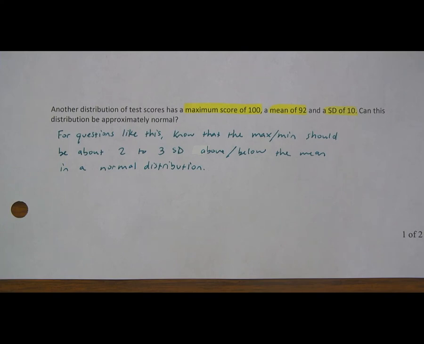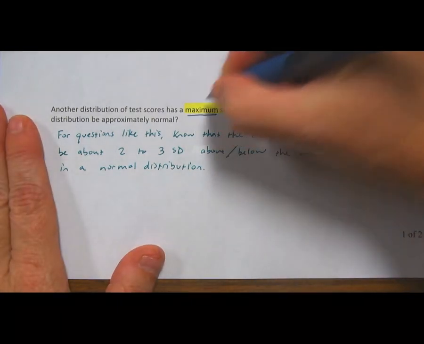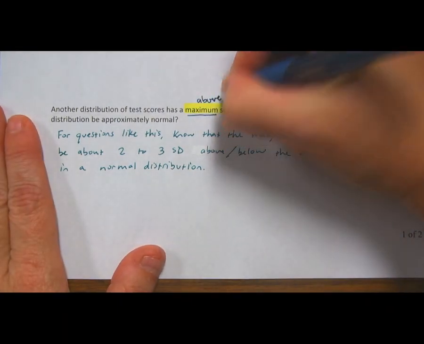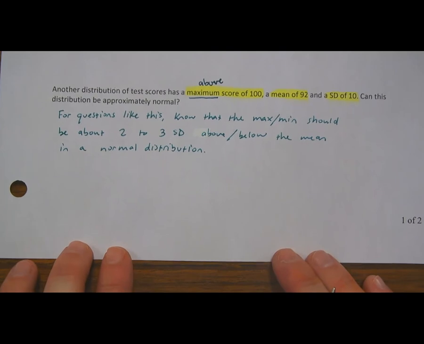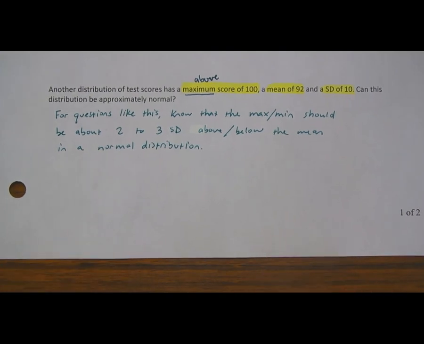Well, it says that the maximum value should be about 2 or 3 standard deviations, and since it's the maximum, that's going to be above the mean. Well, there's a formula that is built specifically to tell you how many standard deviations above or below the mean a value is sitting. What is that formula?